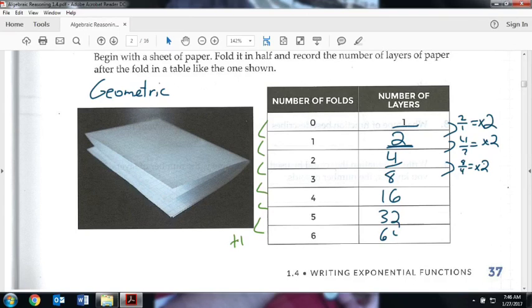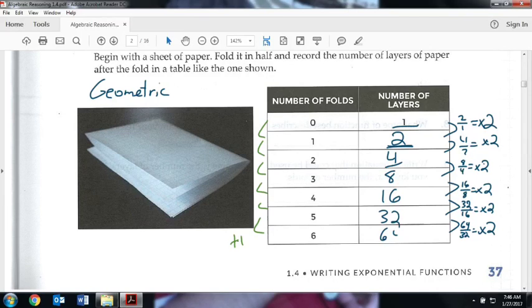So on and so forth. I'm not saying you have to show 16 divided by 8, but if it's not obvious that it's a multiplier of 2, you can just go down the list and say, oh, that's just times 2. 64 divided by 32 is another multiplier of 2.